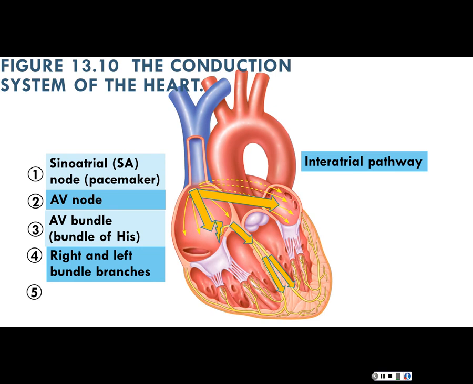And then it'll reach what's called the apex of the heart, the bottom, and you'll see the action potential spread up from the bottom, the outer portion of the ventricles, through these fibers called Purkinje fibers, the terminal fibers there.